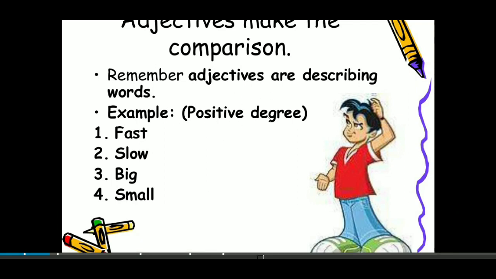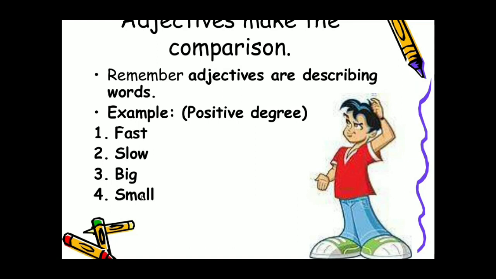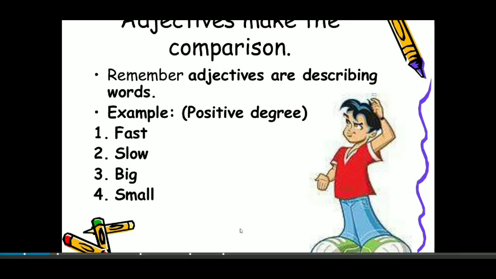Example, positive degree. Fast: he is fast. Slow: he is slow. He is big, he is small. All these are descriptions of a noun or a pronoun.